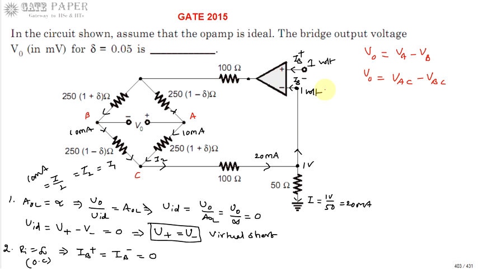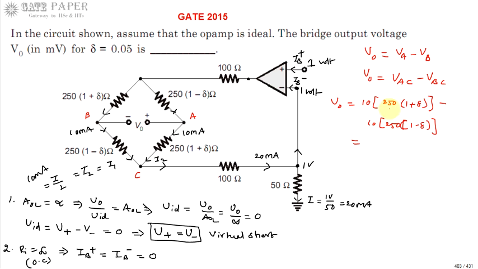VAC is the voltage across this resistor, which is calculated from the resistance value and the current flowing through it. Both we know. So VAC is 10 into 250 times of 1 plus lambda, minus VBC. VBC is the voltage across this resistor, that is 10 into 250 times of 1 minus lambda.